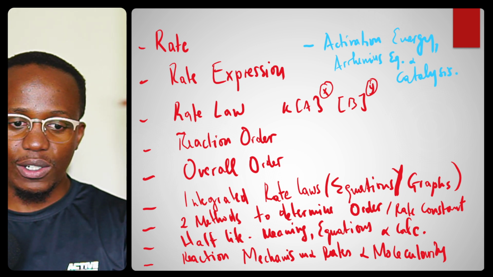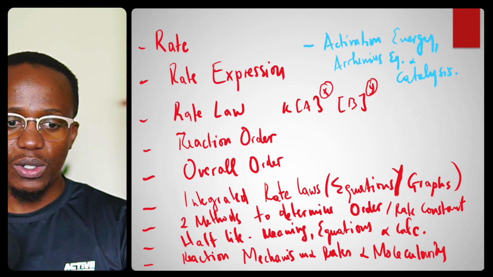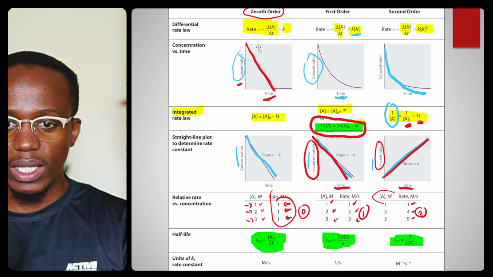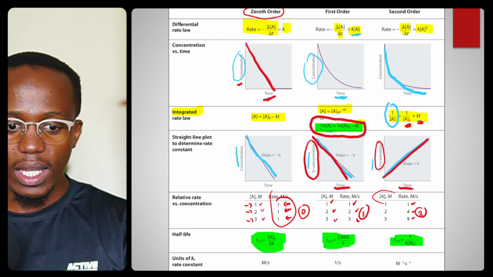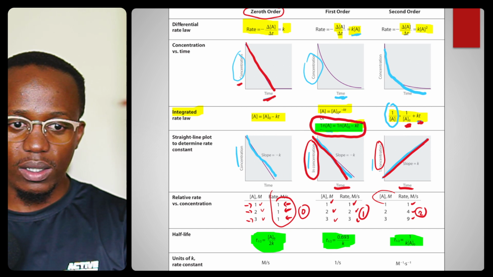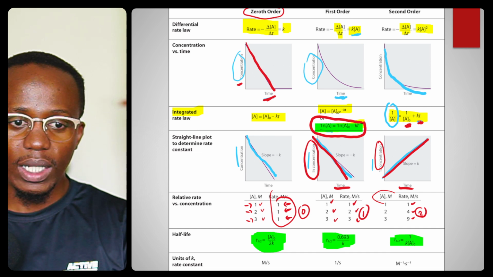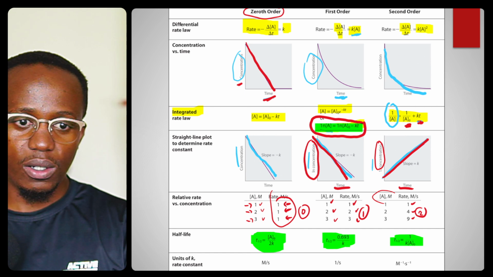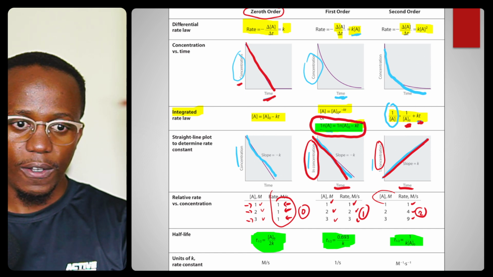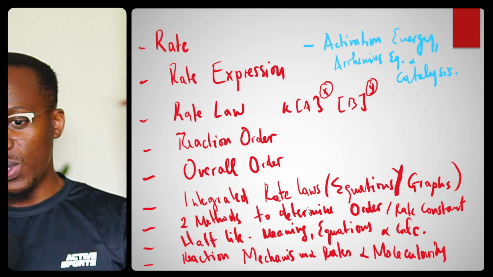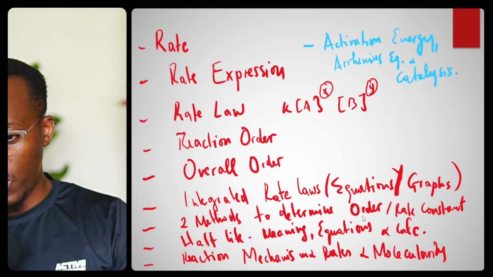So this graph right here is my favorite because it puts almost everything that we discussed together, right? So these are the integrated rate laws, and then these are the graphs to go with them. So we need to remember those. After that, we talked about the two methods to determine the order and rate constant experimentally.